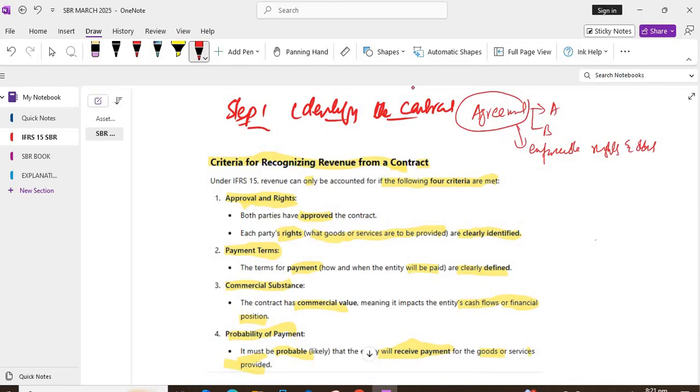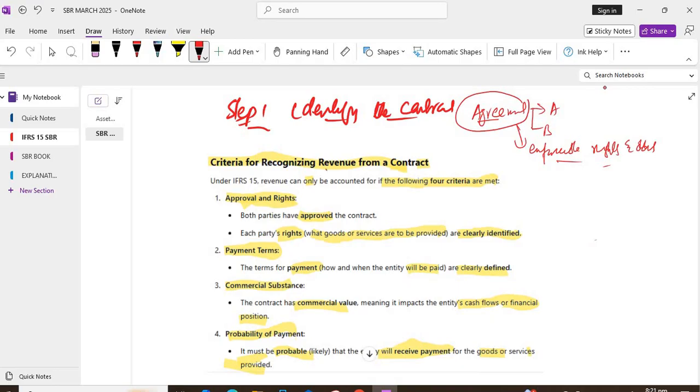It doesn't mean that it always needs to be in writing. It may be in oral form, or an implied form. So when there is an agreement that creates enforceable rights and obligations for the parties involved, we will consider it a contract.